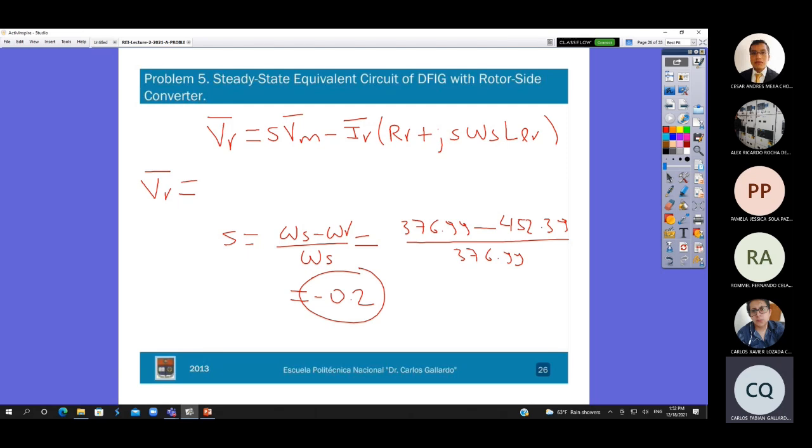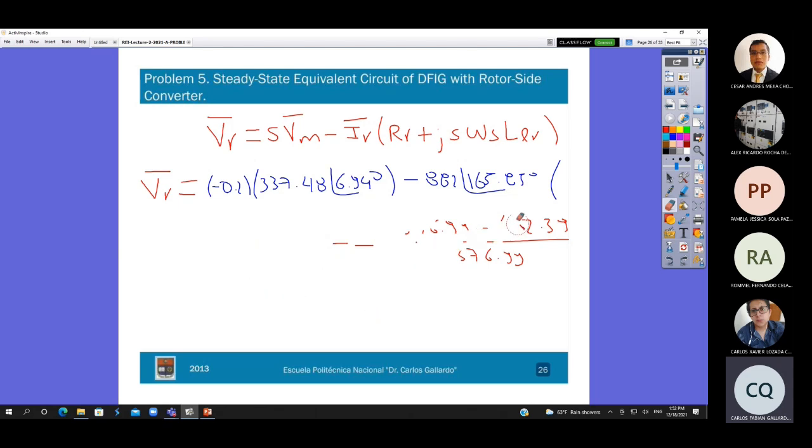Let's compute the rotor voltage. The rotor voltage is equal to negative 0.2 times the magnetizing voltage, 337.48 with 6.94 degrees, minus the rotor current, 882 with 165.88 degrees, times the rotor resistance according to the manufacturer.